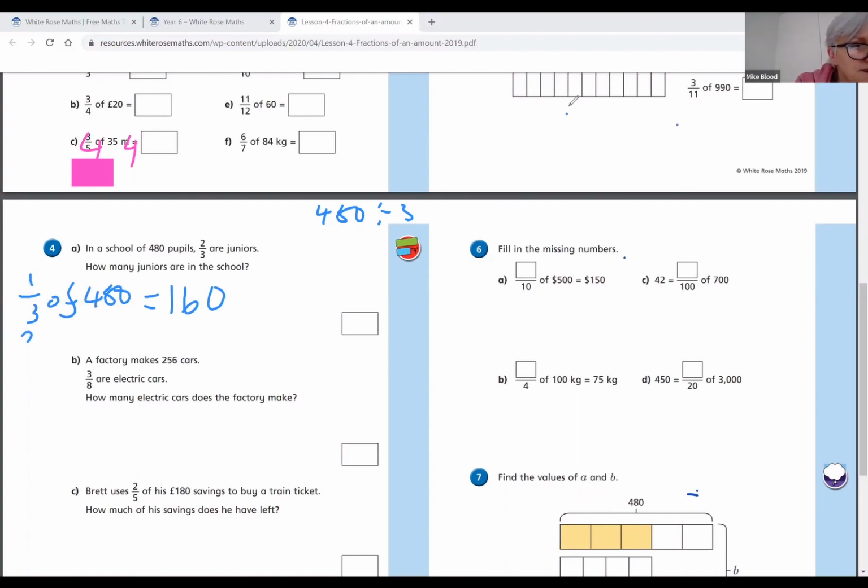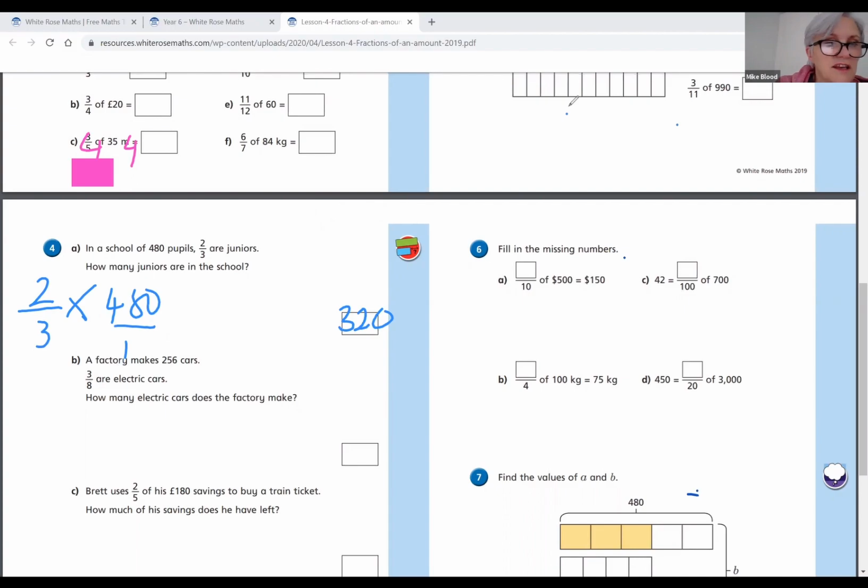To get 2/3 of 480, you need 160 times 2, because 2/3 is double it, and the answer will be 320. Another way you could have done it, if you were remembering back to your arithmetic paper, we've already said that what we need to do is find 2/3 of 480.